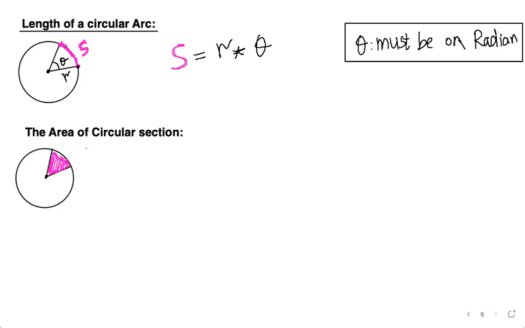First of all, there are two things given: r, the radius, and theta. To find the area, we use this formula: area equals 1/2 times the radius squared times theta.